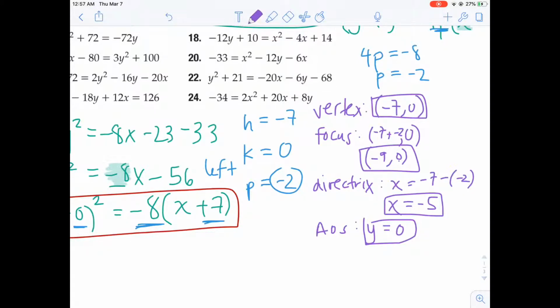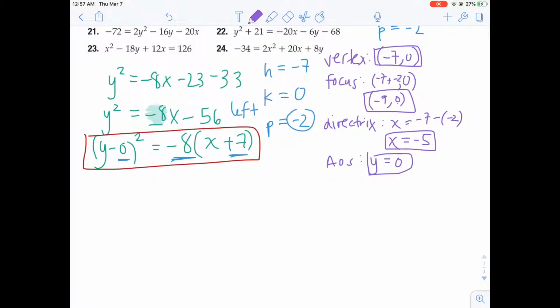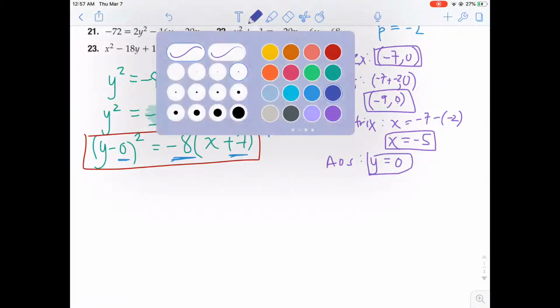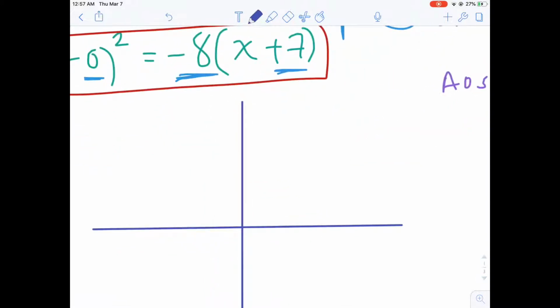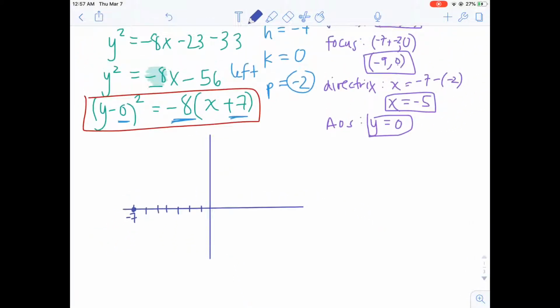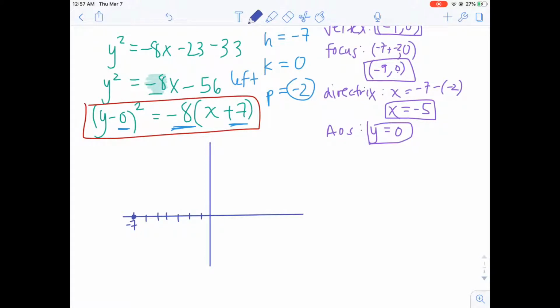Alright, so we have all the parts. We get to now graph this, and let's go ahead and make our coordinate plane here. I'll start with the vertex. That's going to be at -7, 0, so 3, 4, 5, 6, 7, 0 right there. Our focus is at -9, 0.